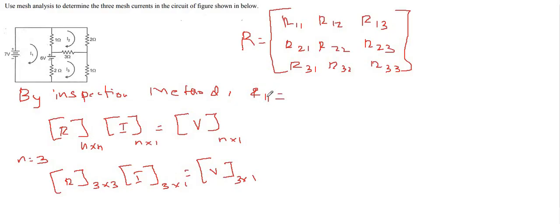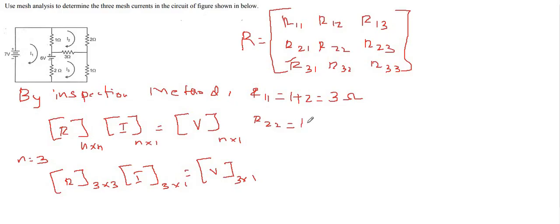So here this 1 denotes the resistance available in loop 1. So take all the resistors which are available in loop 1 and add them. So in loop 1 we have a 1 ohm resistor and a 2 ohm resistor. Therefore R11 is equal to 1 plus 2, which is equivalent to 3 ohm. And next R22, from loop 2. Here we have 1 ohm, 2 ohm, and 3 ohm.